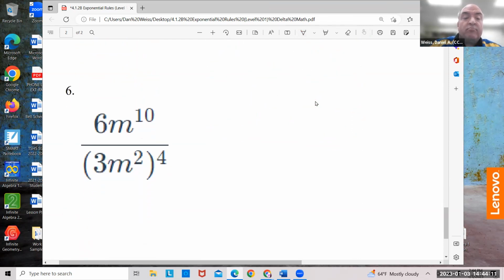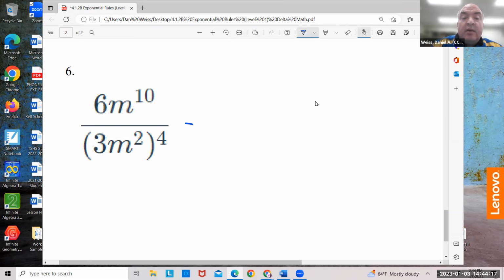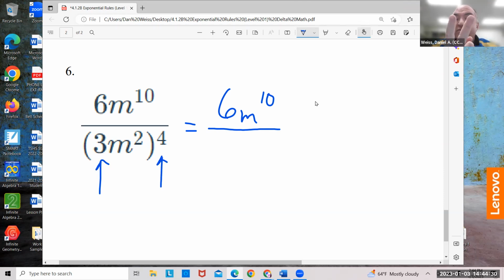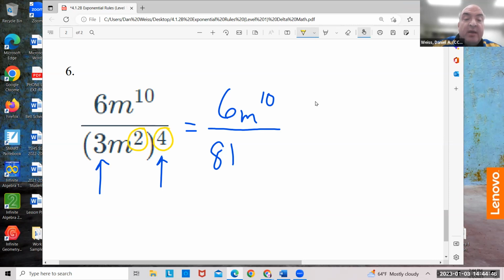How about here? I'm going to leave this 6m to the 10th alone for the moment. But this 3, I'm going to do to the 4th power. 3 to the 4th, you can use your calculator, 3 times 3 times 3 times 3, or 3, x to the y, 4. That's going to be 81. And then we're going to do this 2 times 4 and get m to the 8th.